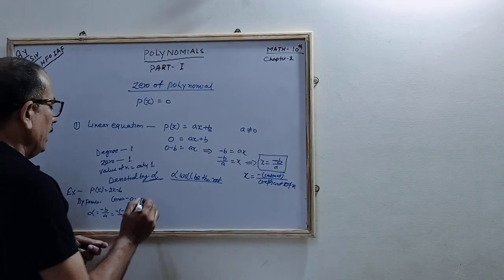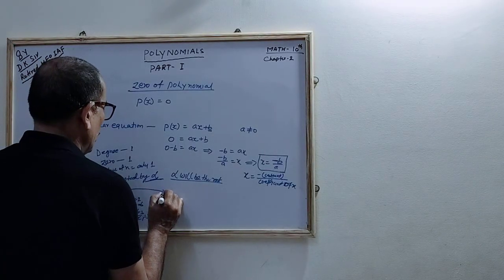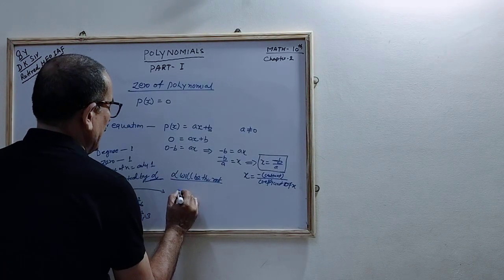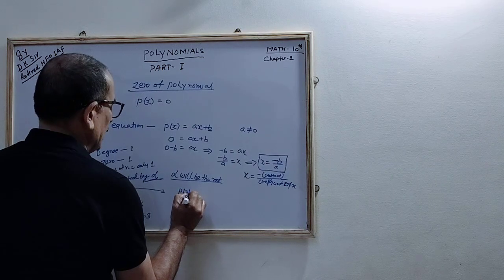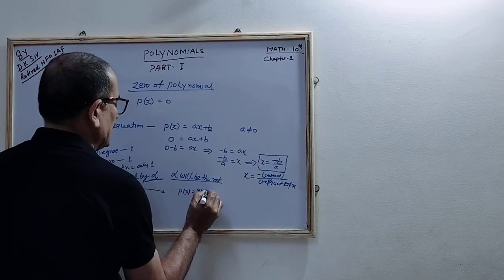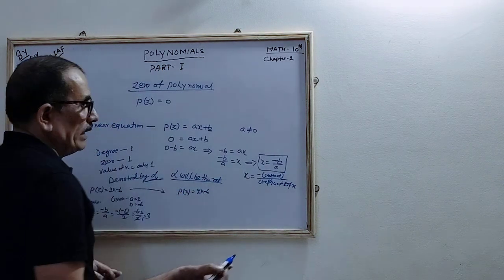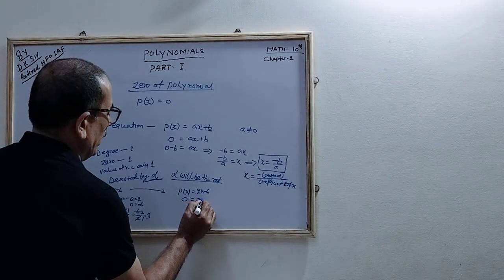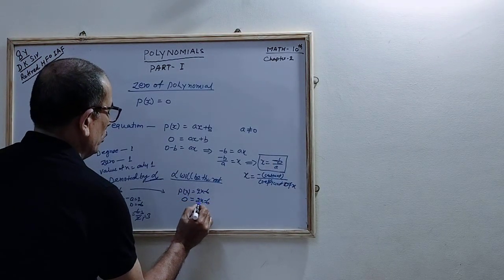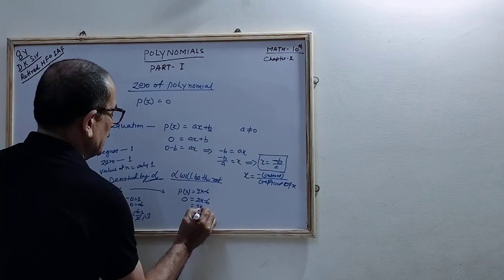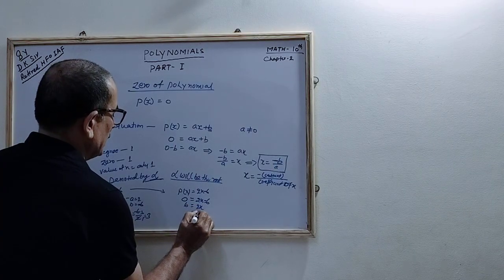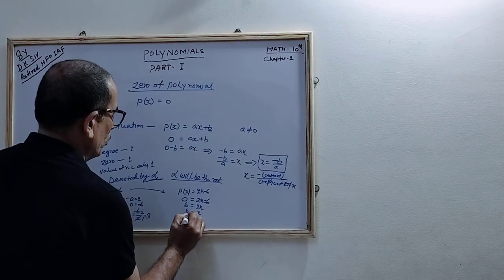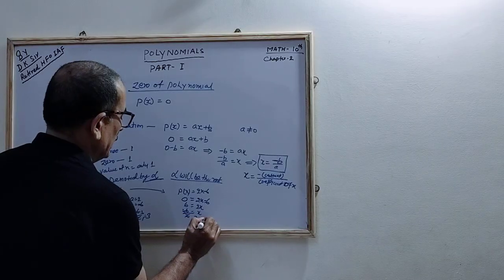The other way you can cross check. You have to make it 0. So p(x) is equal to 2x minus 6. To find the value of x, what you have to do? You have to make 0 is equal to 2x minus 6. So you find that 2x is equal to 6. So x is equal to 6 by 2, which is 3. So you are getting x as 3.